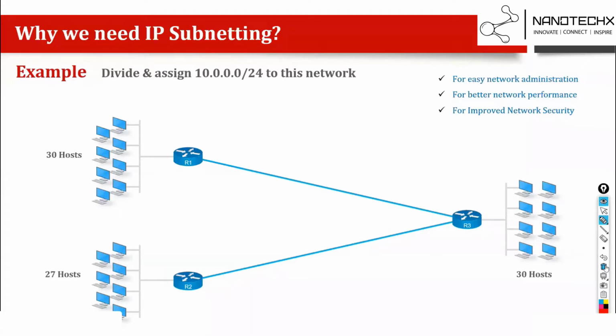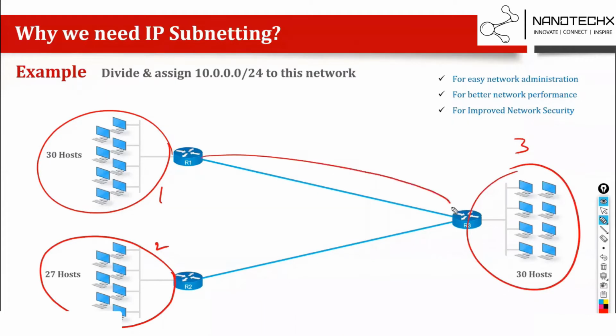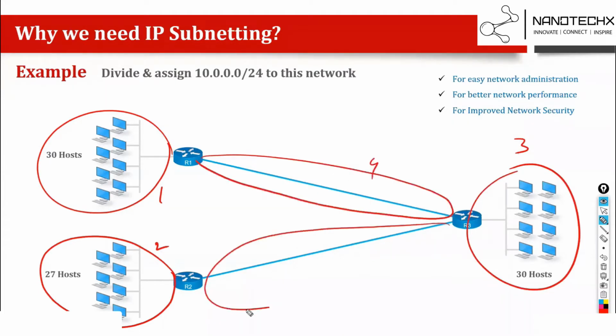Network number 2. So this is 1, this is 2. Network number 3. And then we also have these 2 additional networks, the point-to-point networks between the routers. This is network number 4. Because of course, each port on the router, each layer 3 port, needs to have an IP address.